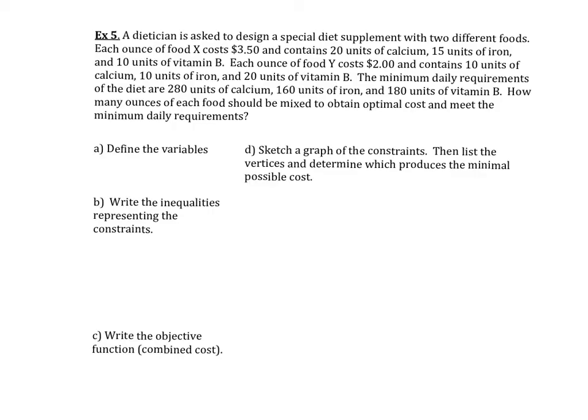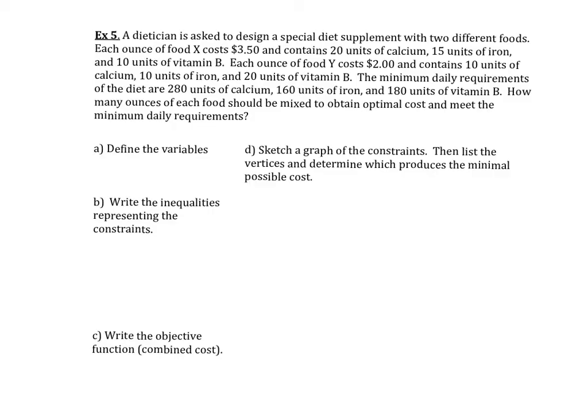Each ounce of food X costs $3.50 and contains 20 units of calcium, 15 units of iron, and 10 units of vitamin B. Each ounce of food Y costs $2 and contains 10 units of calcium, 10 units of iron, and 20 units of vitamin B. The minimum daily requirements of the diet are 280 units of calcium, 160 units of iron, and 180 units of vitamin B. How many ounces of each food should be mixed to obtain optimal cost and meet the minimum daily requirements? Okay, so define the variables.